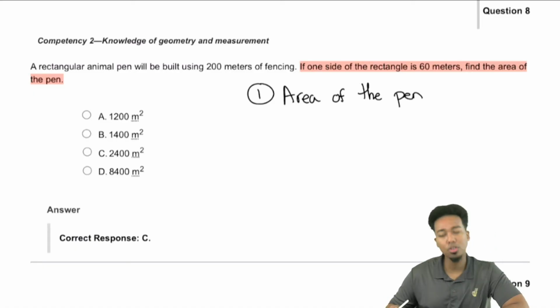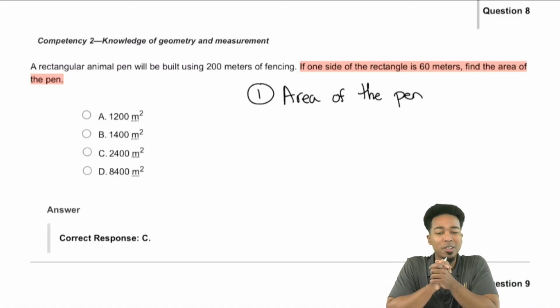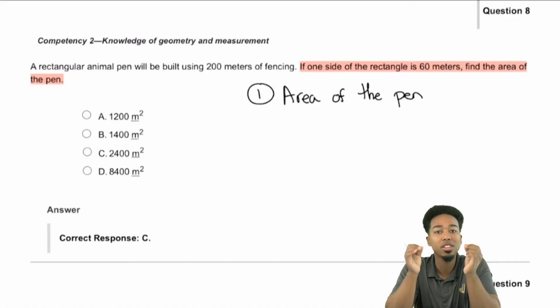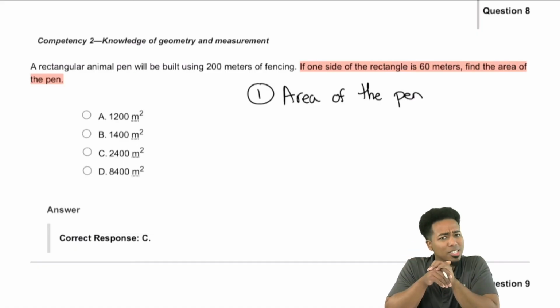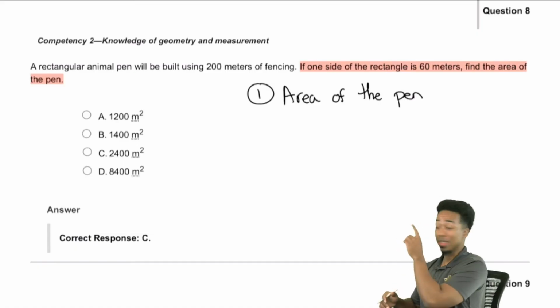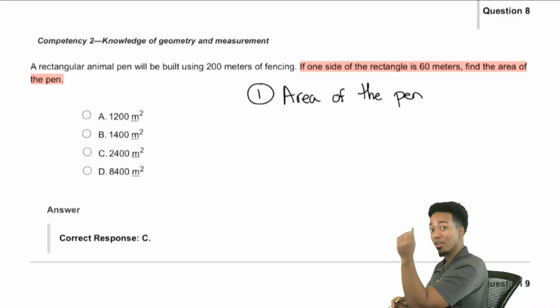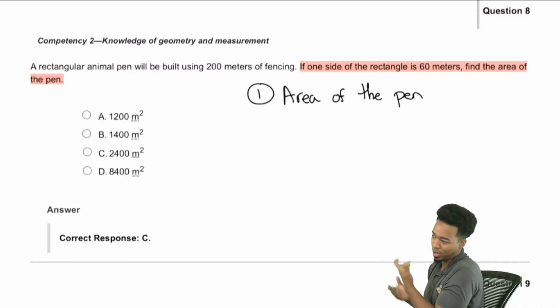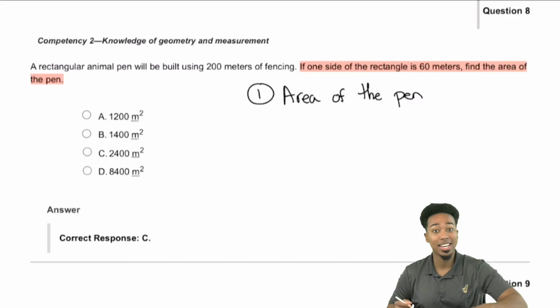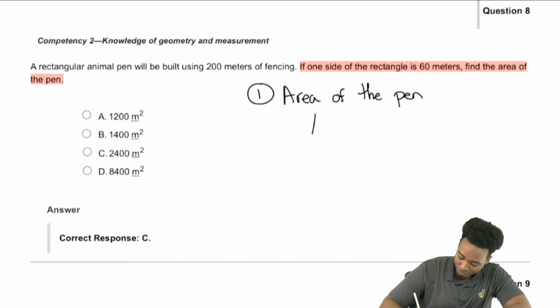And now here's the great thing about geometry word problems. Whenever you're dealing with a geometry word problem, 99 times out of 100, there is a formula involved. And because specifically in this question, we're looking for the area of a rectangle or rectangular pen, there's a formula to that. That area is going to be right here. Area equals length times width.